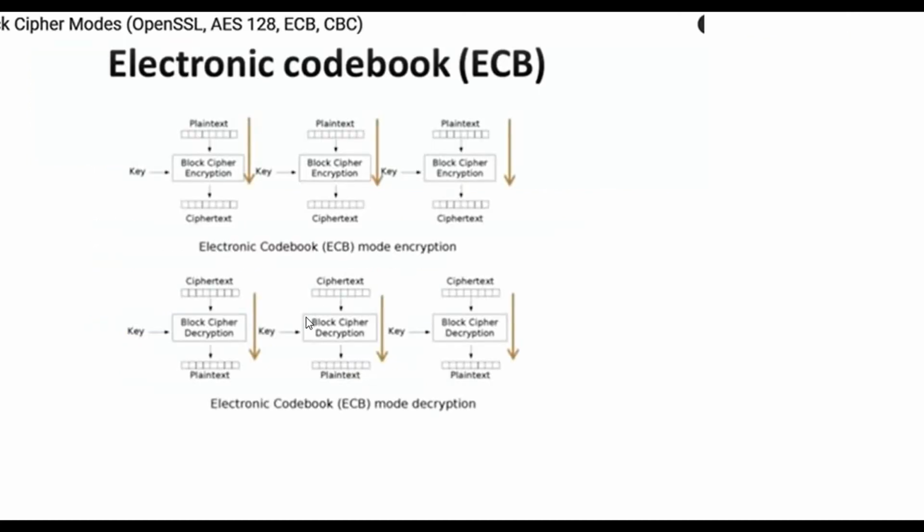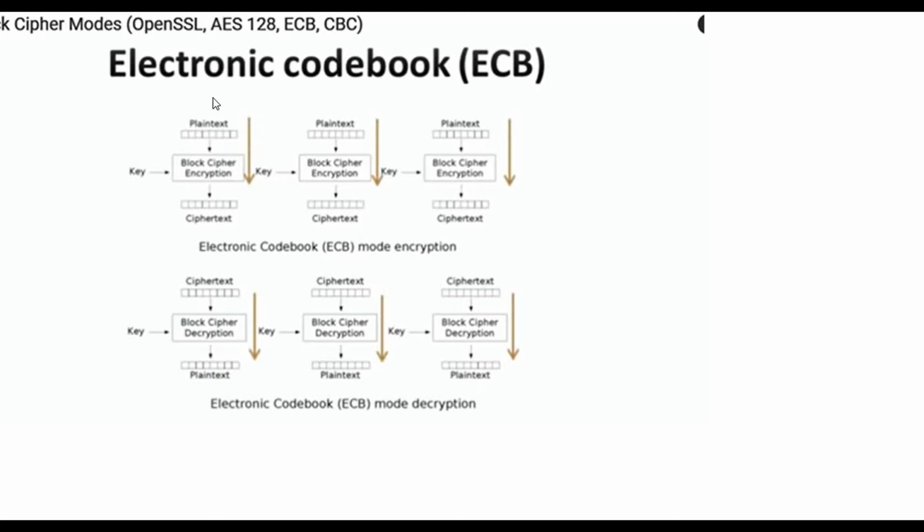So in ECB, if you see the diagram over here, it's pretty straightforward. The user takes the first block of plain text and encrypts it with the key to produce the first block of ciphertext. This is our plain text, whatever input we are giving to the algorithm. This is the key, this is the algorithm, they both combine and we get our ciphertext.